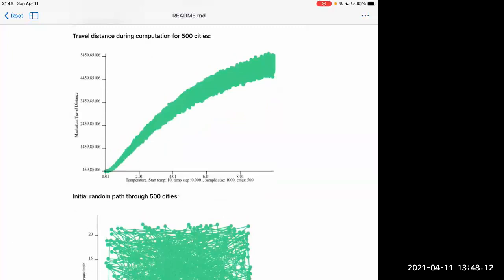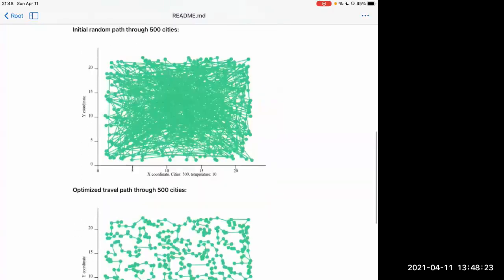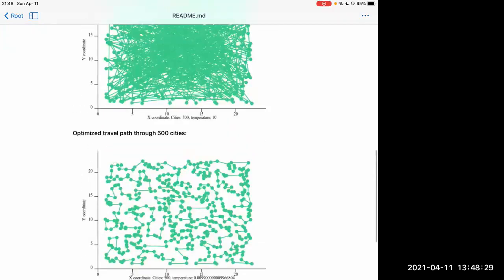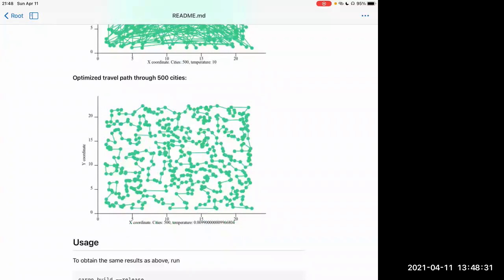I wanted to pull up a different graph. I made a simple implementation of the thing that they're talking about for traveling salesman, and this is a random starting path, and then as we cool down, we arrive later at this much more optimized option.